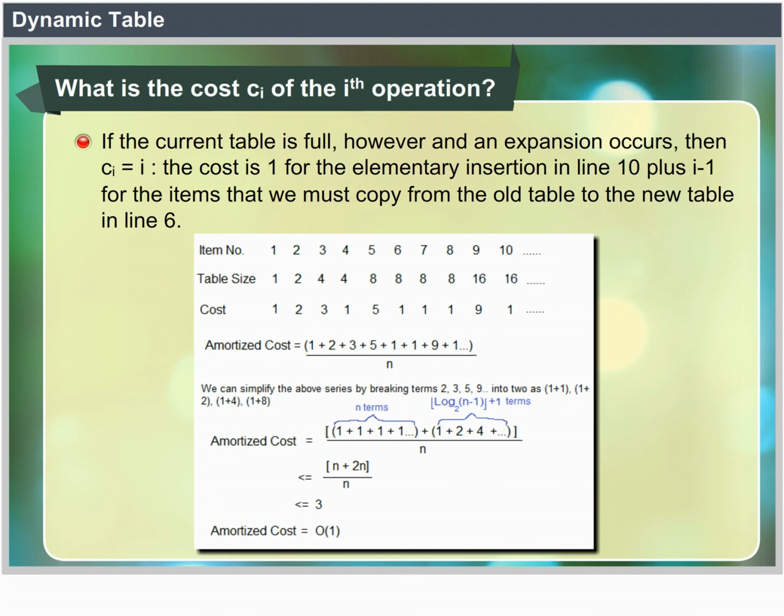If the current table is full, however, and an expansion occurs, then Ci equals i. The cost is 1 for the elementary insertion in line 10 plus i minus 1 for the items that we must copy from the old table to the new table in line 6.